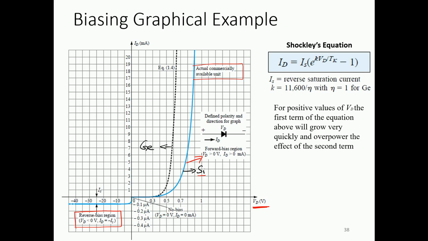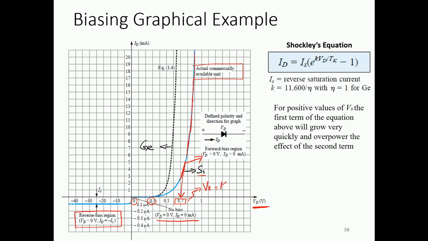Now what happens is we keep on increasing the voltage from 0 to 0.3, and once we reach a value of 0.7 for silicon, you can see there is a rise in the current, and then it takes on a maximum value and reaches the saturation point. This point of 0.7 is known as the knee voltage V of K, because it is in the form of our human knee.